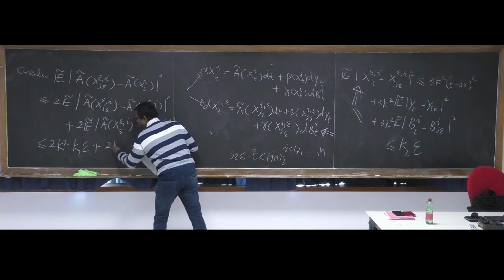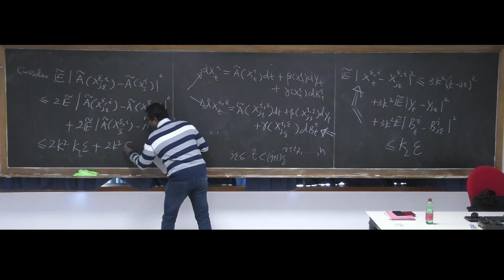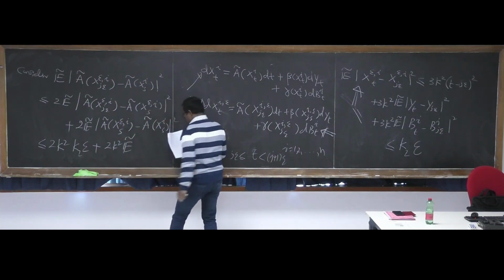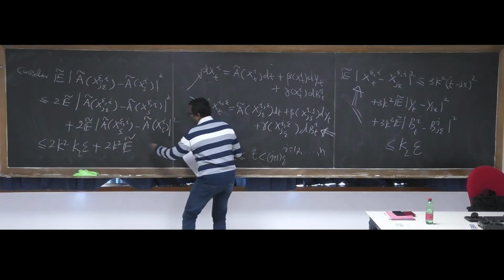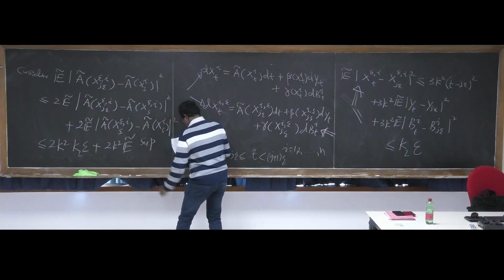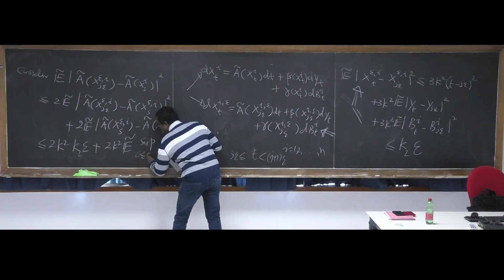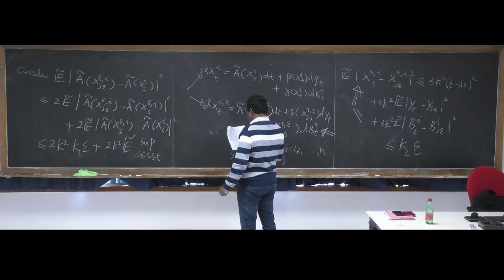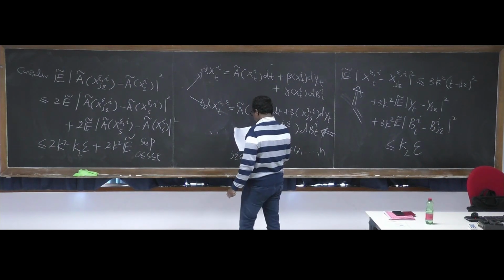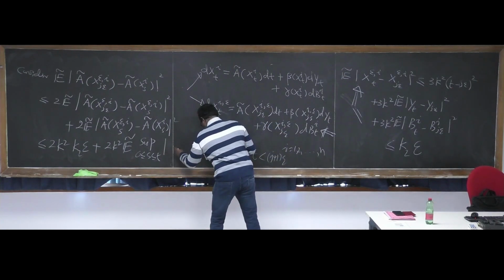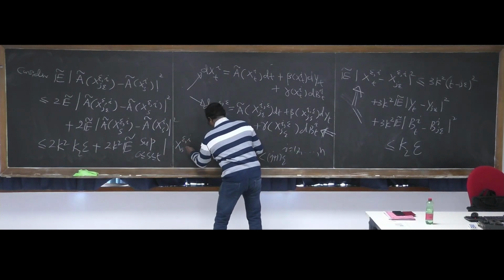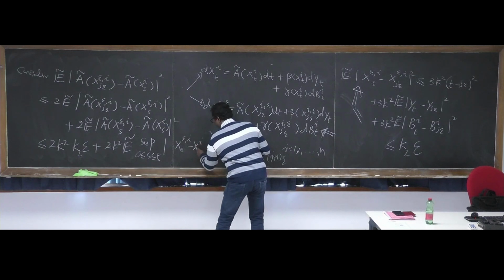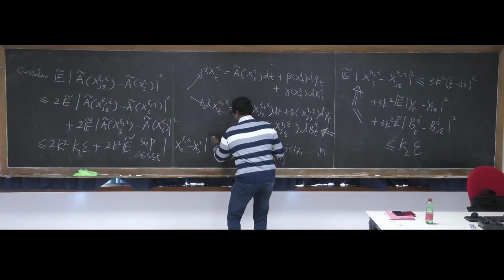Finally, you end up with k squared times the expectation of the supremum over s of X^ε_i(s) minus ξ^i_s squared.